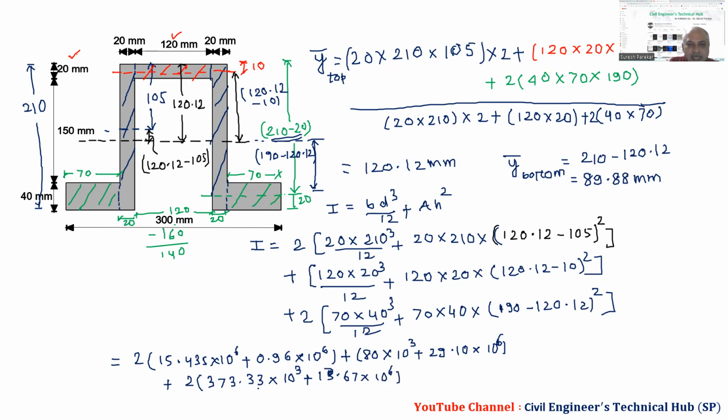And then if we calculate this total, I have the value of I equal to 90.06 into 10 raised to 6 millimeter to the power 4.